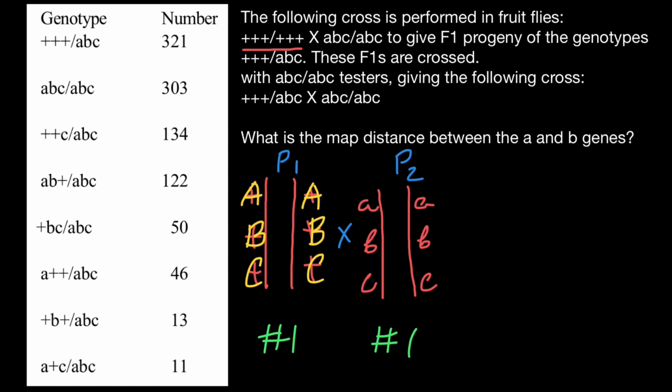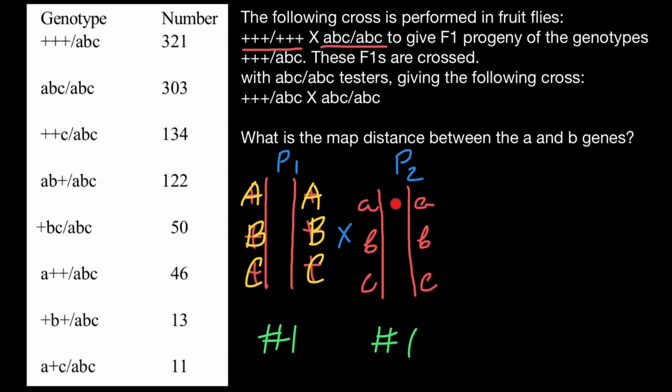One has two homologous chromosomes and is wild type, with dominant alleles in each locus. And parent 2 has recessive alleles in each locus. It is this easy. So this is parent 1 and this is parent 2.